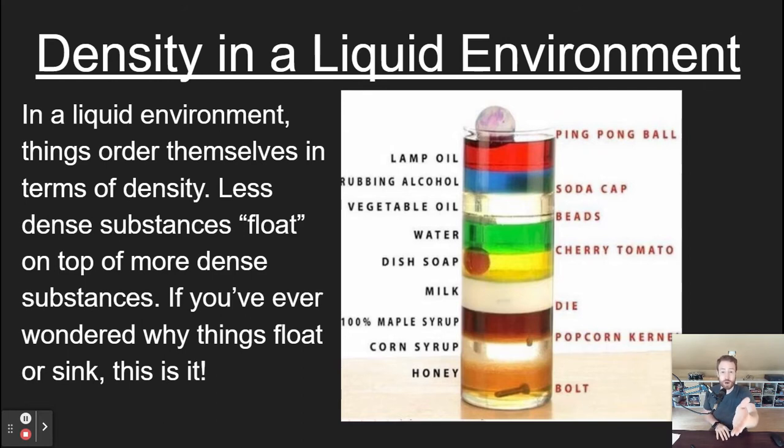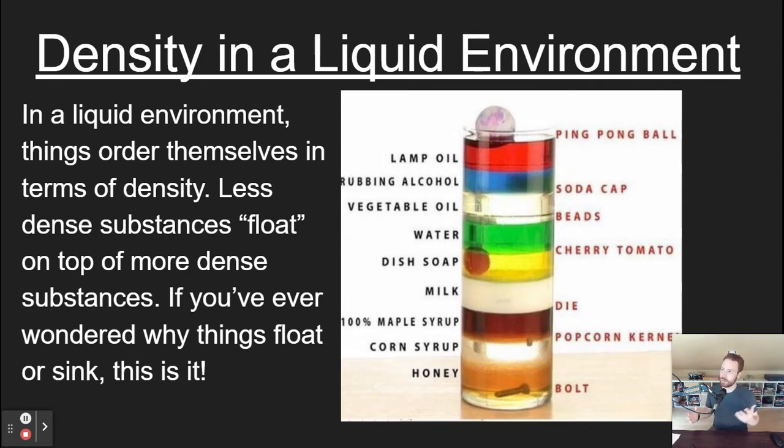Let's actually just use water as the point of comparison because everybody interacts with water all the time. We kind of know what it feels like and how dense it is. So liquids that are more dense, like soap, milk, maple syrup, corn syrup, honey, have greater mass per unit of volume. And so they're going to sink below the water, and the water's going to float on top of those things.